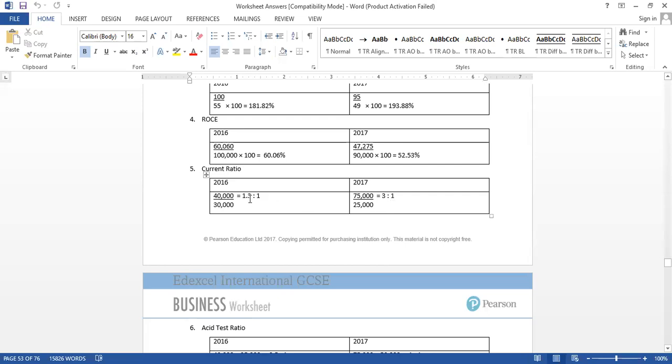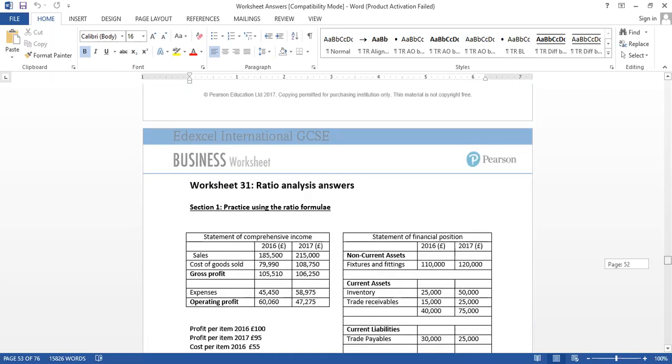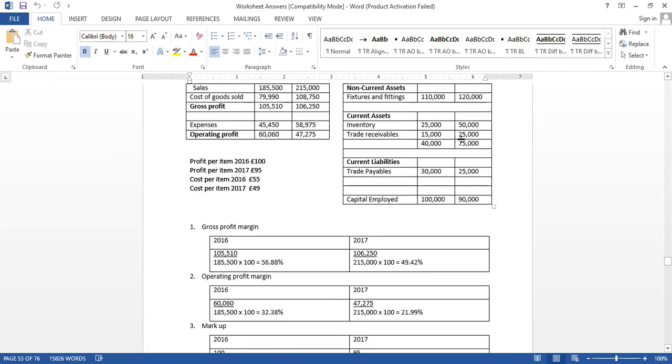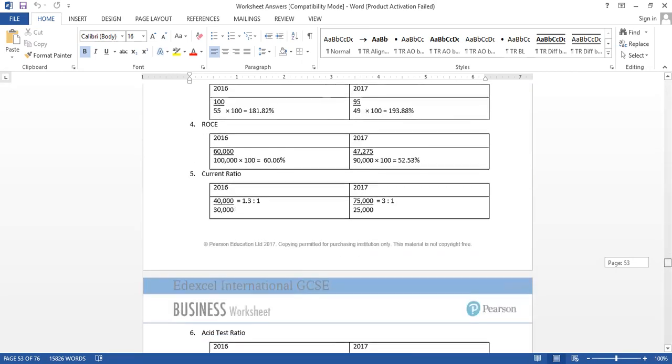So 2016 is bad, actually it's less than 1.5, but in 2017 they have improved tremendously, because their current asset level has increased: inventory doubled, 25,000 to 50,000. As a result, total current assets improved to 75,000 and current liabilities are 25,000. Therefore they have 3:1, 3 current assets to 1 current liability.